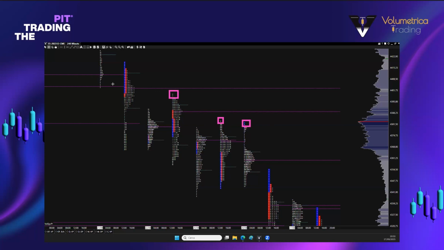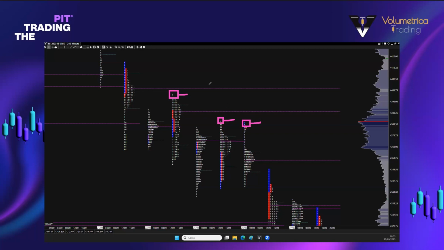Those are good highs, actually, because having only one print at the very extreme means there wasn't that much acceptance over there, which is what is supposed to happen on an edge of a profile, since in this case we are talking about a high, so it's supposed to be a premium area. Okay, so not that much acceptance.